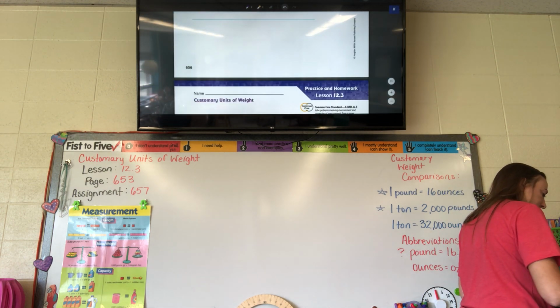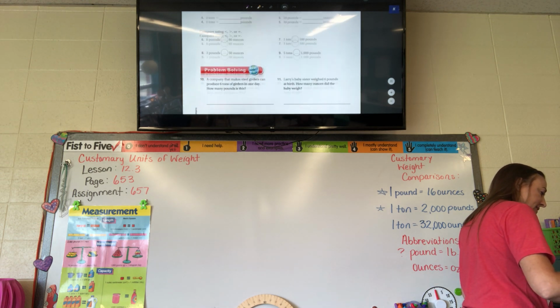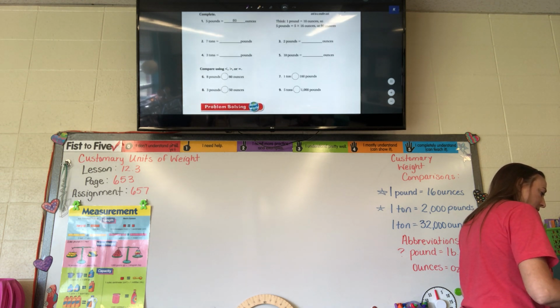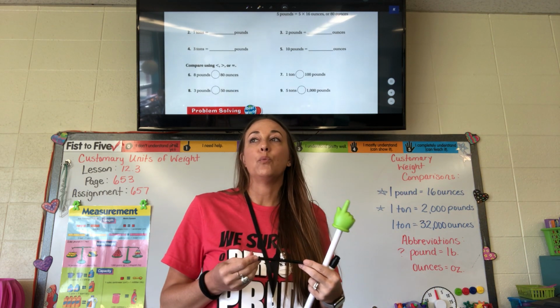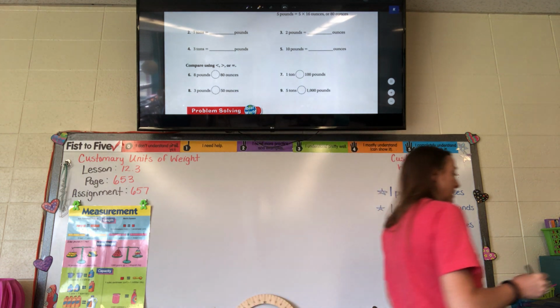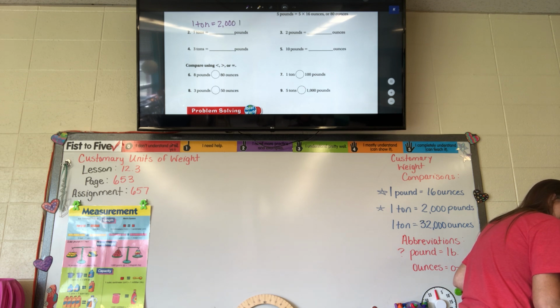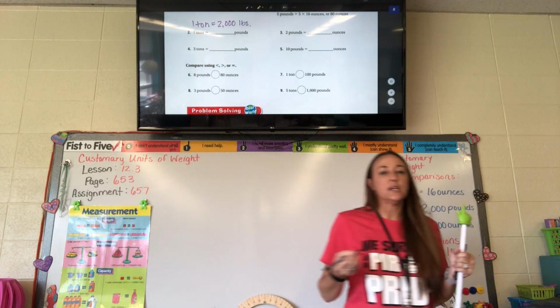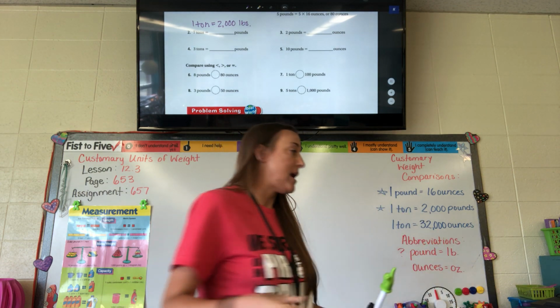Your assignment for today is page number 657. I would suggest setting these up with the comparison above them. So up here on number 2, you would write 1 ton equals 2,000 pounds. So 7 tons would equal 7 times 2,000 to get to pounds, okay?